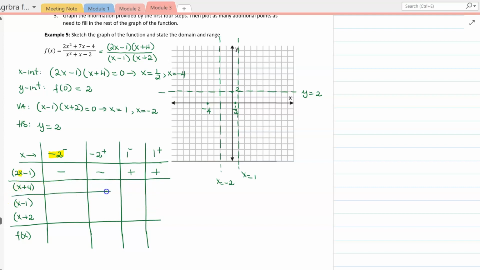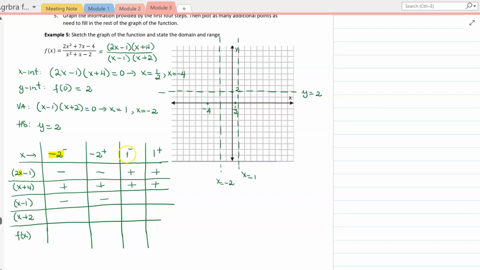When x approaches negative 2 from the left and plugs into x plus 4, we get this to be positive, positive, positive, and positive. Negative 2 from the left, then x minus 1 is going to be negative, negative.